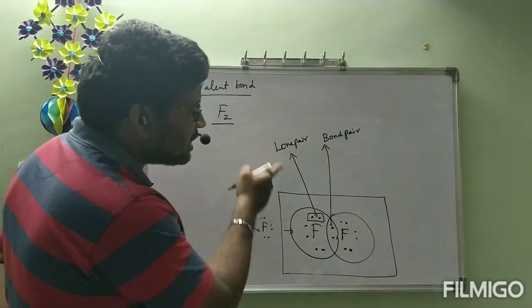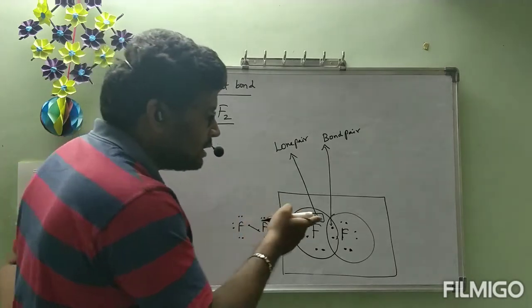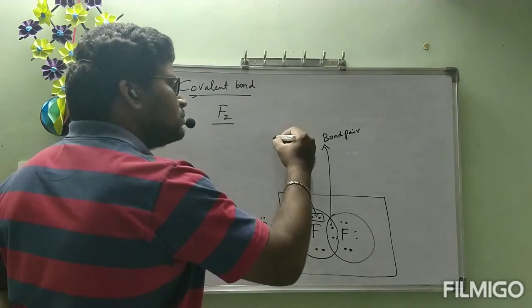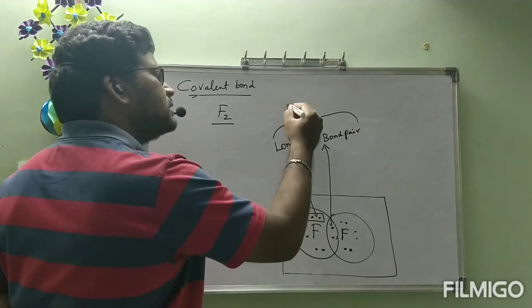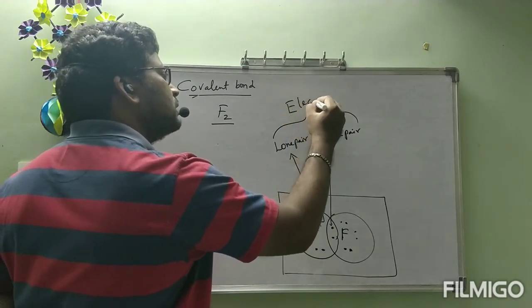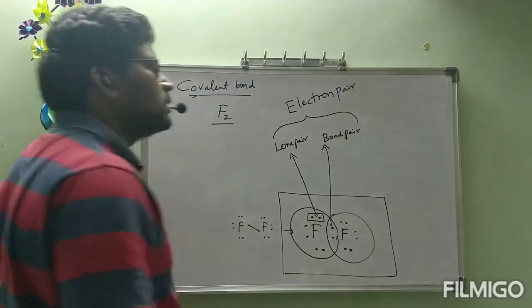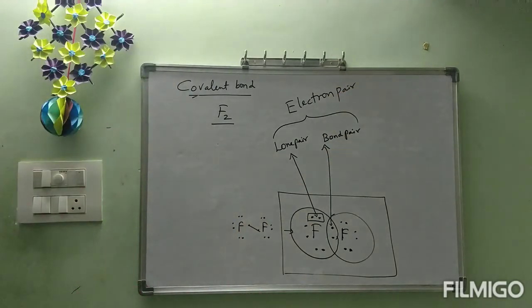These two are commonly called simply electron pairs.